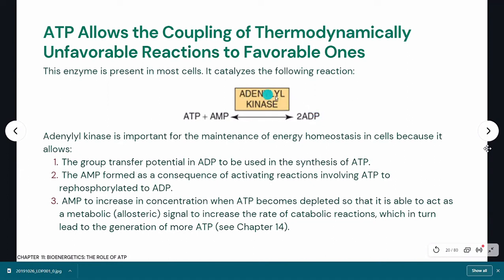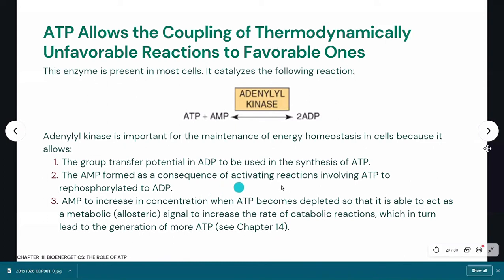This is catalyzed by adenylyl kinase. Adenylyl kinase is important for maintenance of energy homeostasis in cells because it allows group transfer potential in ATP to be used in synthesis of ATP.